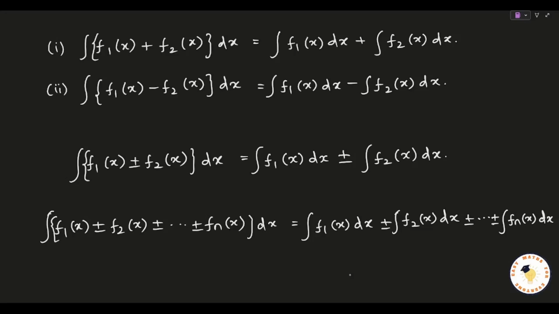And in theorem number 2, we have learnt integral k times f of x dx equal to k times integral f of x dx. What happens if we combine this result and this result together?